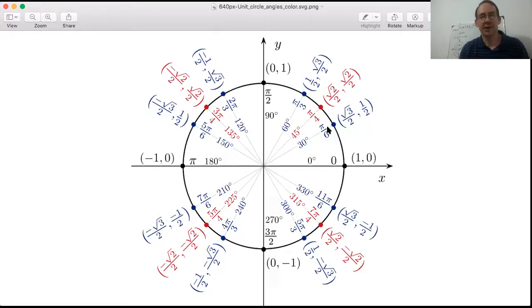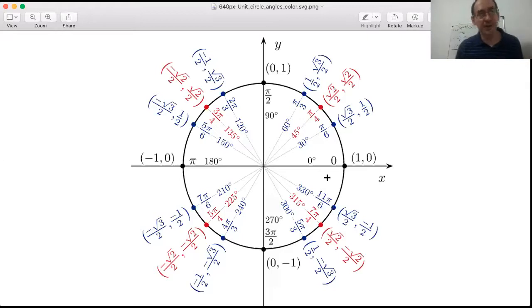So 30 degrees, 150 degrees, which is 30 from 180, 210, which is 30 degrees past 180, still the nearest x-axis, and 330, which is 30 degrees away from 360. 30, 150, 210, and 330 all have 30-degree reference angles, meaning you're going to use the 30 degree as your point of reference on your special triangle.